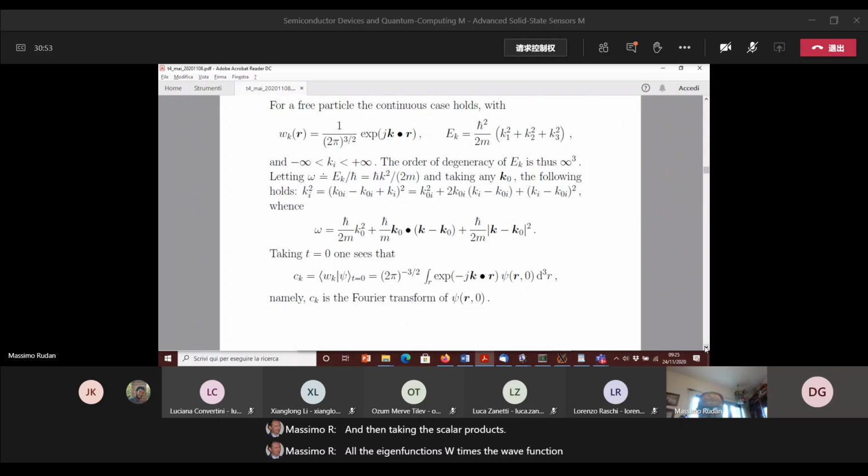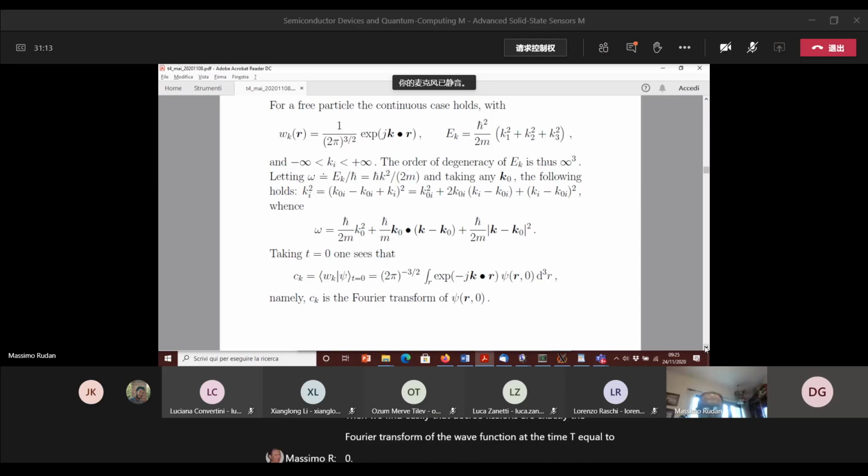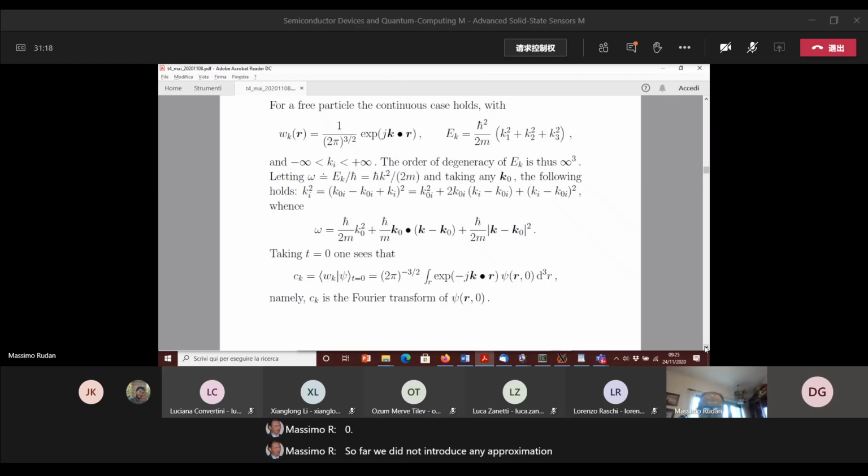So in this particular case of the free particle in the continuous situation, then we find easily that the coefficients are exactly the Fourier transform of the wave function at the time t equal to 0. So far, we did not introduce any approximation, okay?